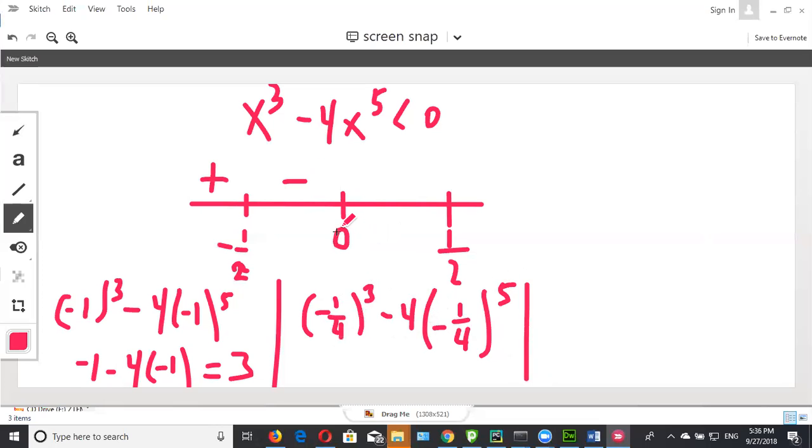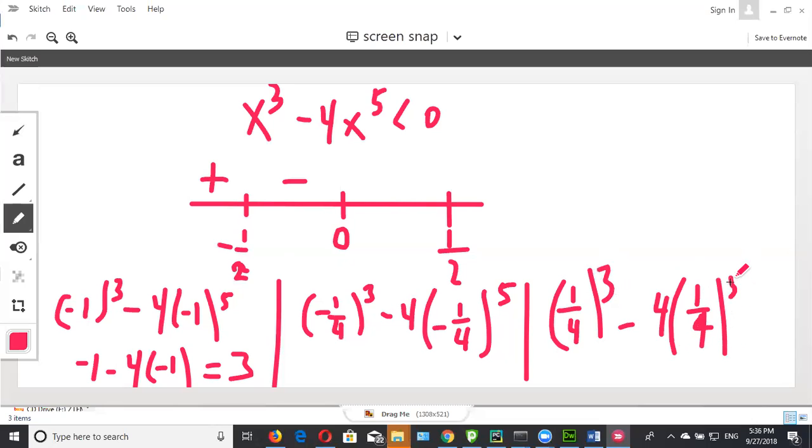The next region is between 0 and 1/2. We can pick 1/4 and raise that to the power 3 minus 4 times 1/4 to the power 5. Again, this time we have a positive value with power 3, and this will be a net negative, but the magnitude will be smaller. 1 over 4 to the 4 is the final value, and it's going to be smaller than 1 over 4 cubed.